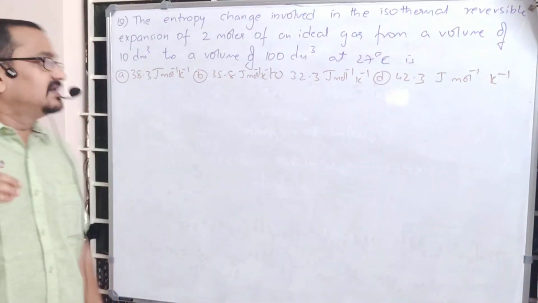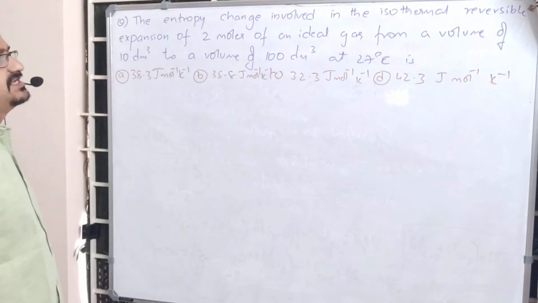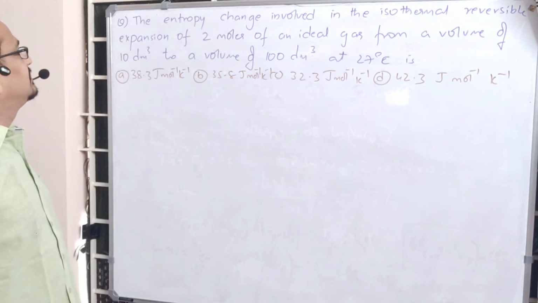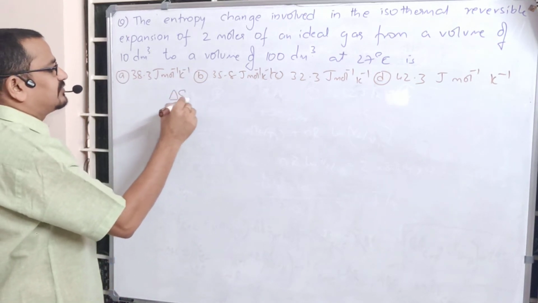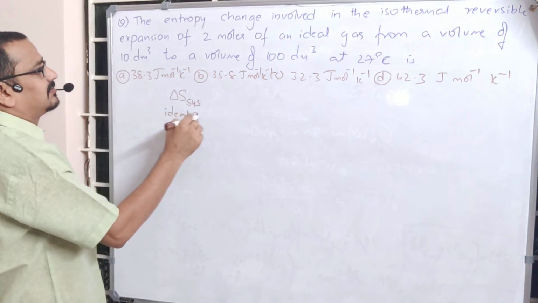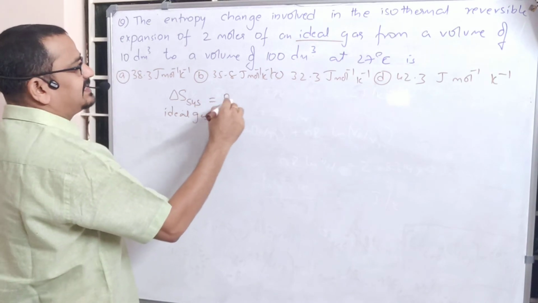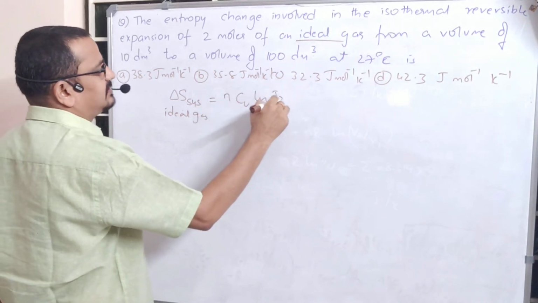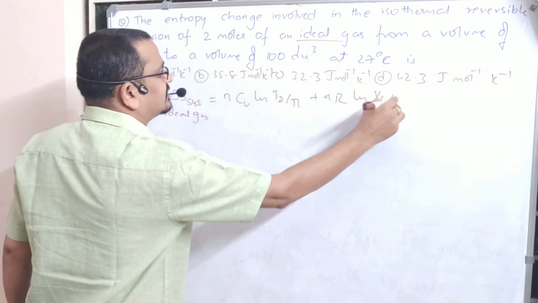See another numerical from this entropy concept. We have entropy change involved in isothermal reversible expansion. The entropy change of a system for an ideal gas can be given as nCv ln T2/T1 plus nR ln V2/V1.